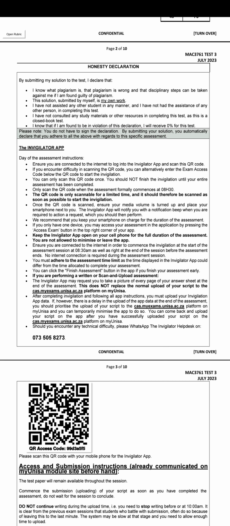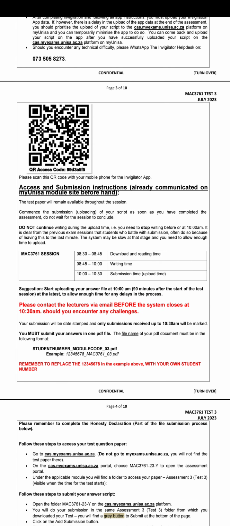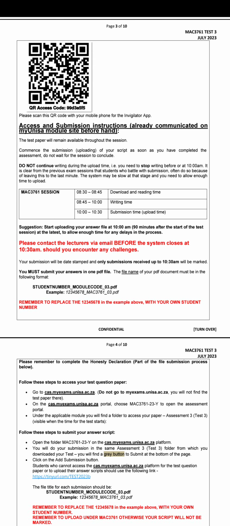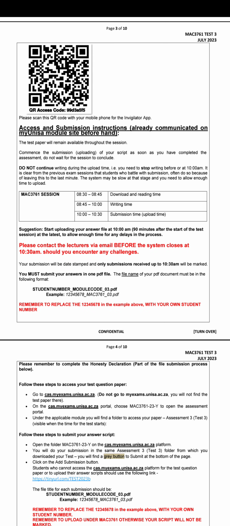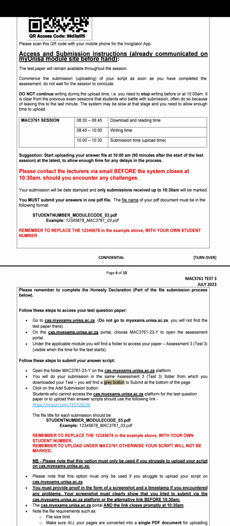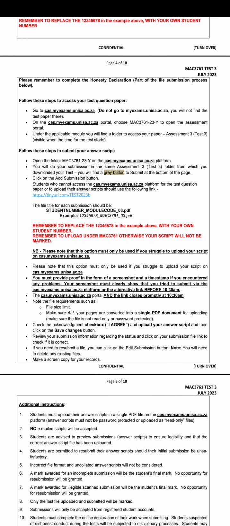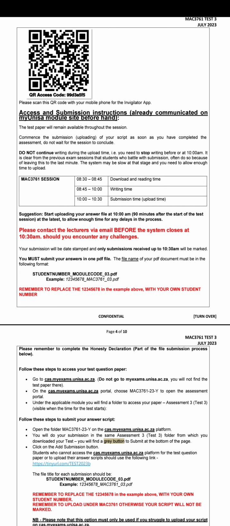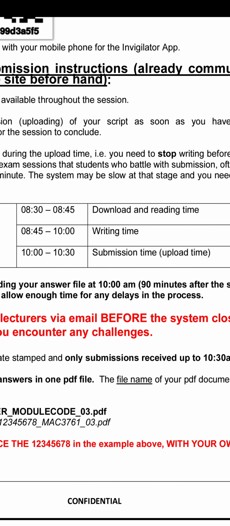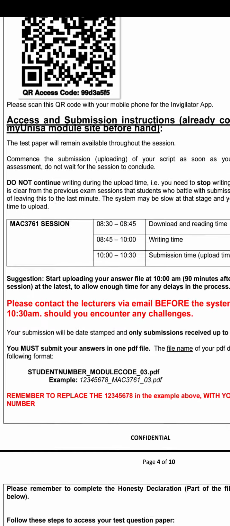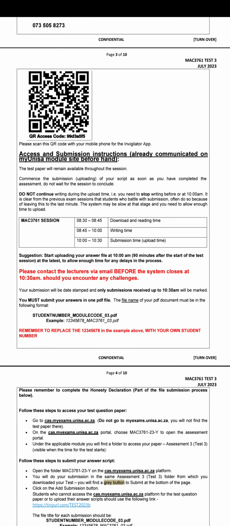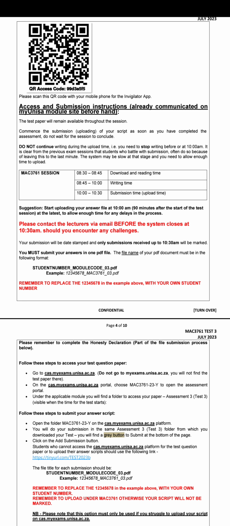All right. So yeah, I'm not going to go through all of that in detail now. This will obviously be your uploading instructions. You guys are aware of what you need to do there. That's simple and straightforward. Okay. And I will actually emphasize the one aspect which they've mentioned here: do not continue writing during the upload time. I know for a fact that a lot of you are going to blatantly ignore this, and I understand.